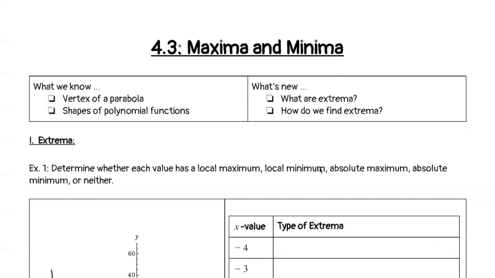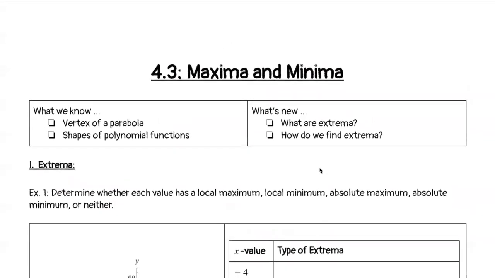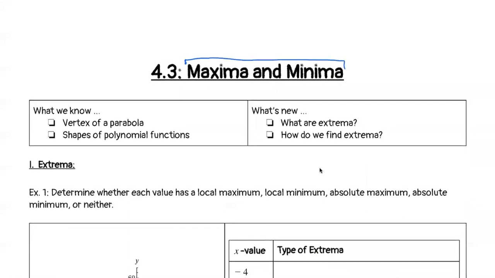If you have one, it's a maximum, but if you have two or three or more, it's maxima, all together. It's not a different word, just the plural form of maximum and minimum.